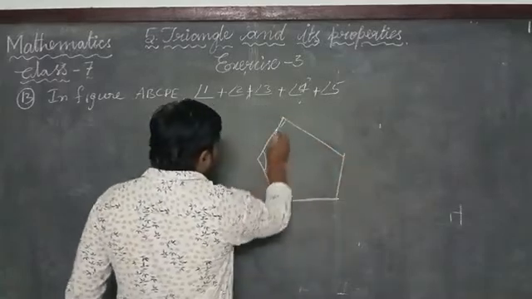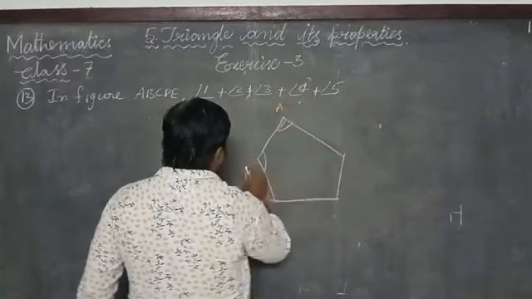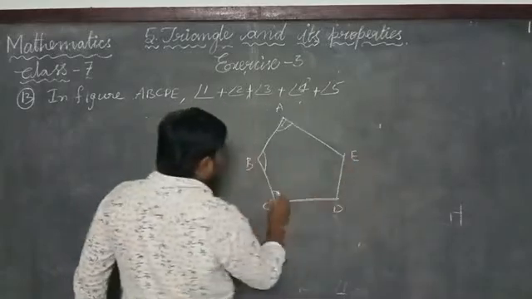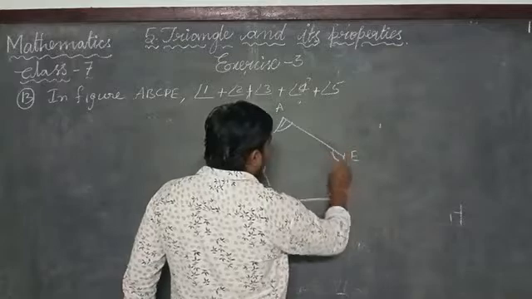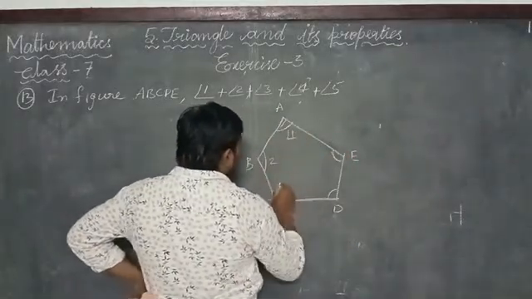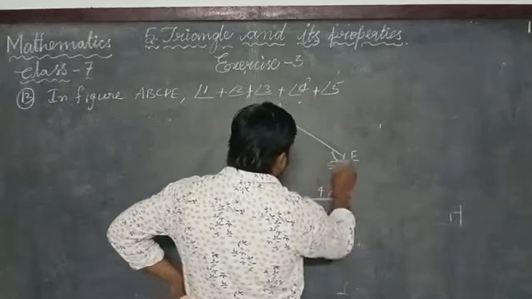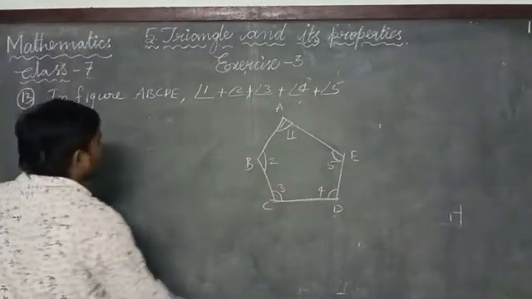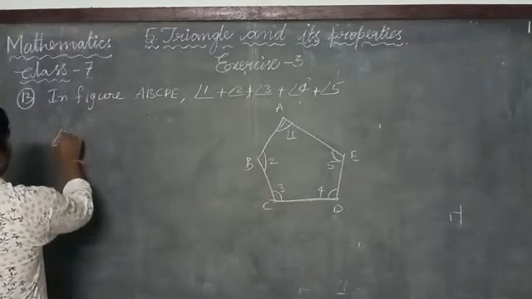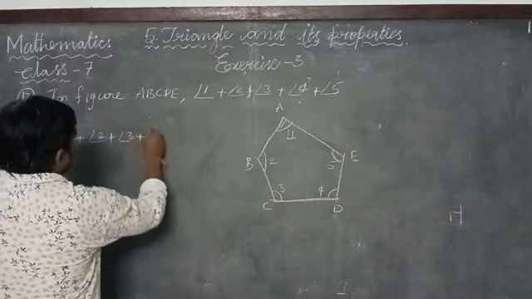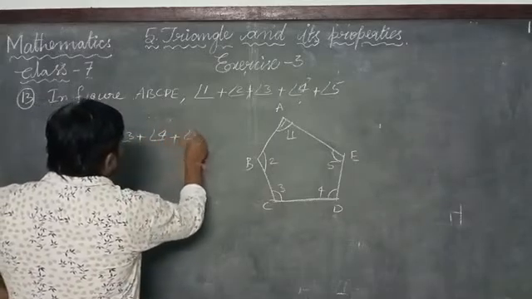Here A, B, C, D, E are the vertices of the given figure, and here the angles are 1, 2, 3, 4, 5. In this diagram, we need the sum of all angles in a pentagon: angle 1 plus angle 2 plus angle 3 plus angle 4 plus angle 5.